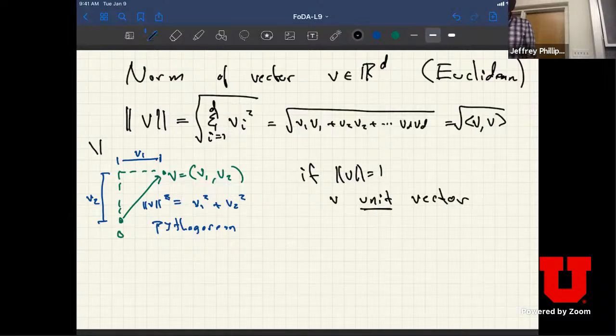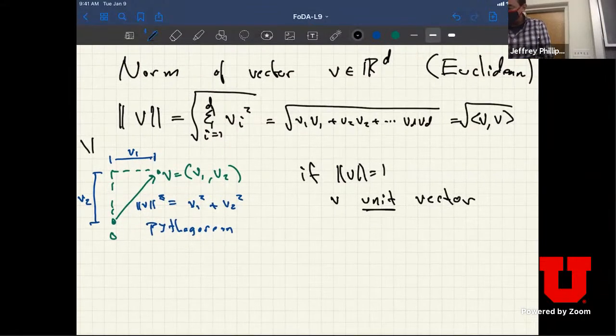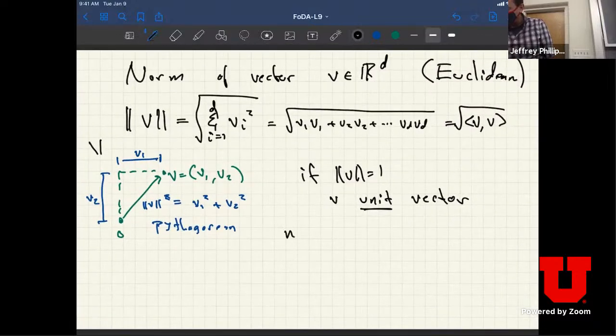Okay, and if I want to turn v into a unit vector, I can just divide every coefficient by its length, right? So if I want to normalize v, and often you say to normalize, then, just so my v doesn't look too much like a u, sometimes I say v bar, and this enforces that the norm of v bar is equal to 1.